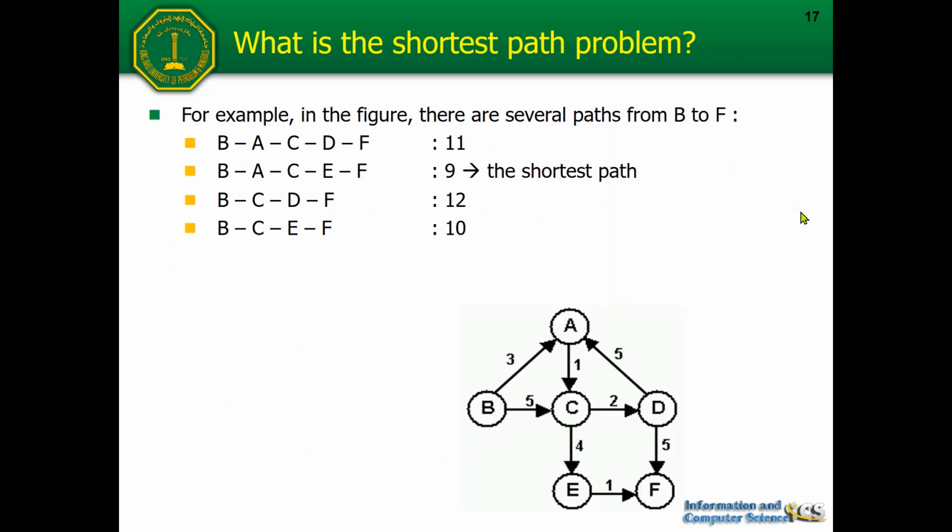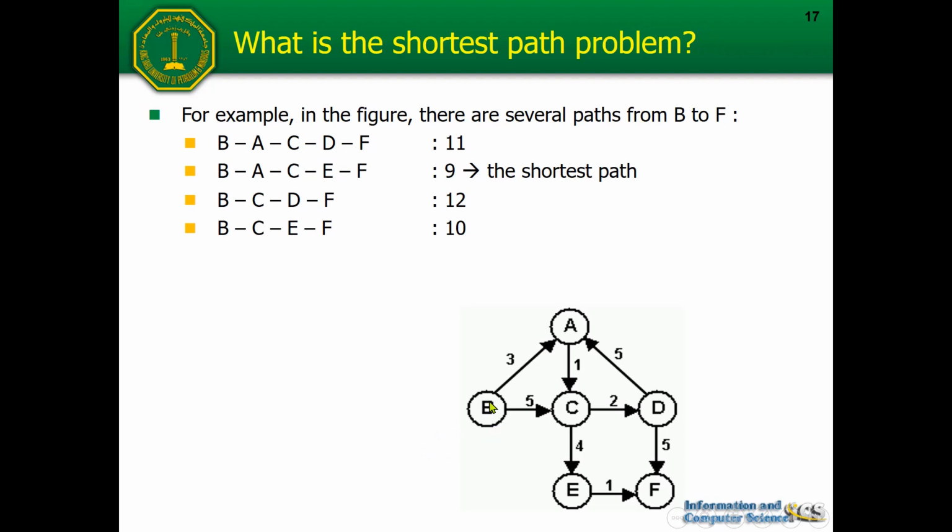Now, for example, you can see that if the graph is simple like this, in this case we want to know what will be the cost for traveling from B to F. You can see that there are many possible paths to travel from B to F. The first one will be B, A, C, D, and F. The associated total cost will be 11.